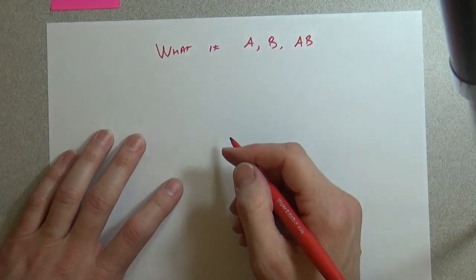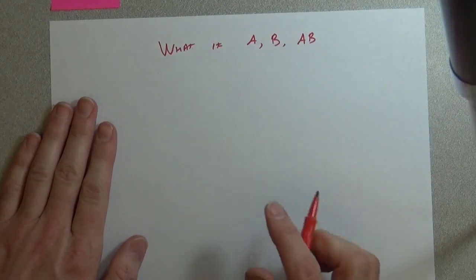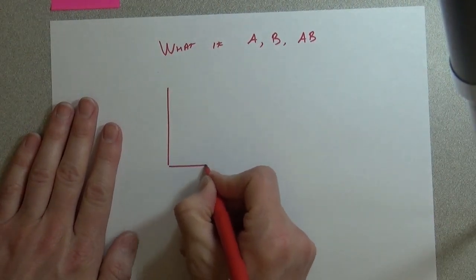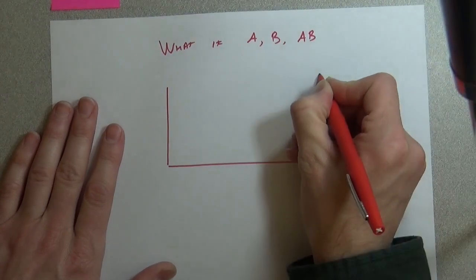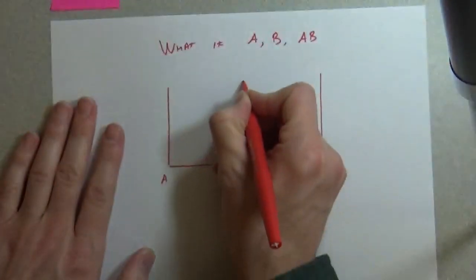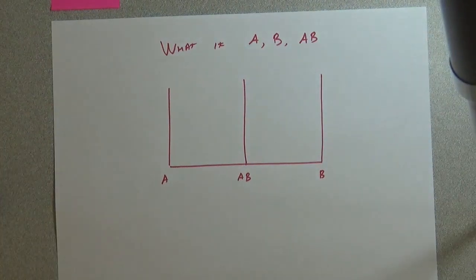We'll make a 1-to-1 molar ratio. Well, that means that we'll have something that looks like A, B, then AB. And that's what we draw in.